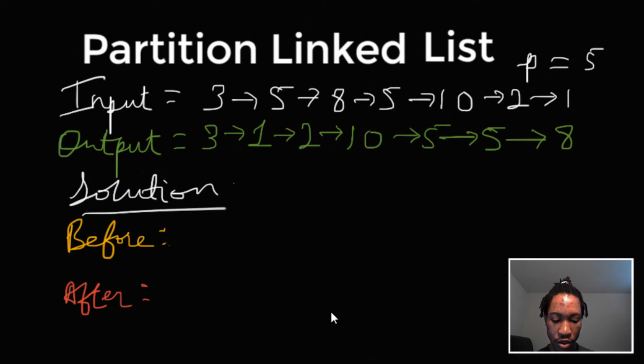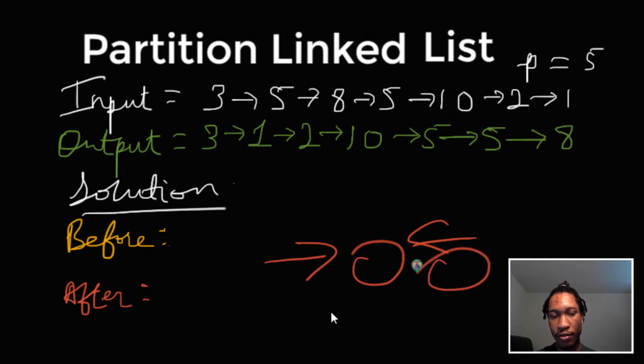It shouldn't be between the before nodes and the after nodes. So whenever we get to a node that's either equal to or greater than the pivot value, we put it in the after list. That's how you solve that caveat.